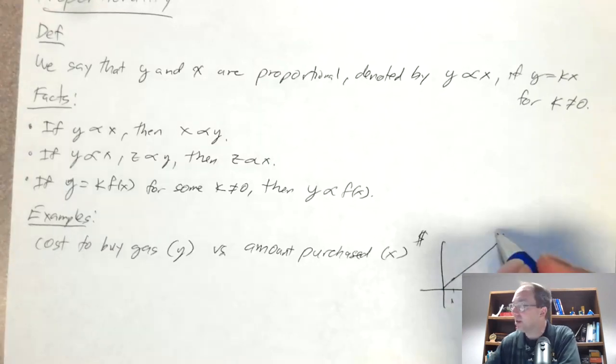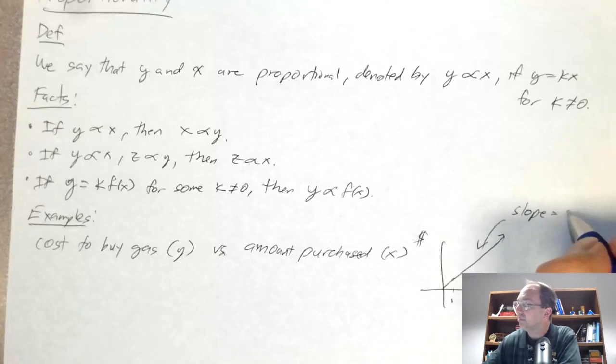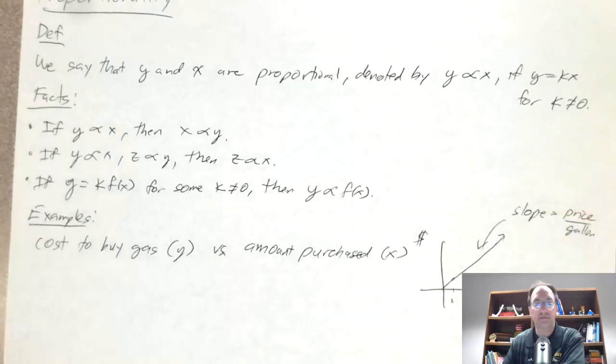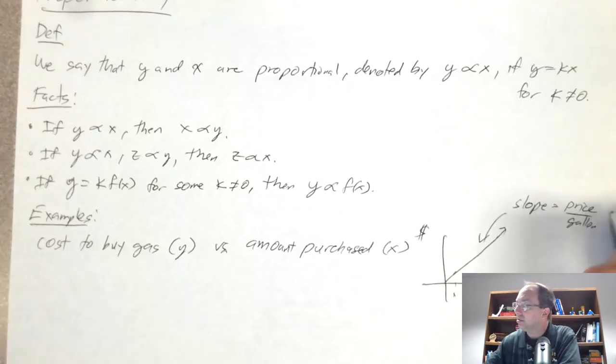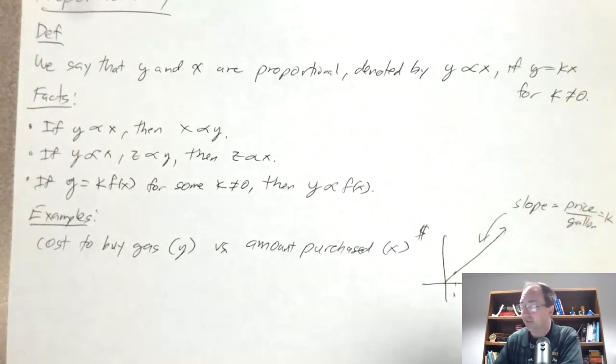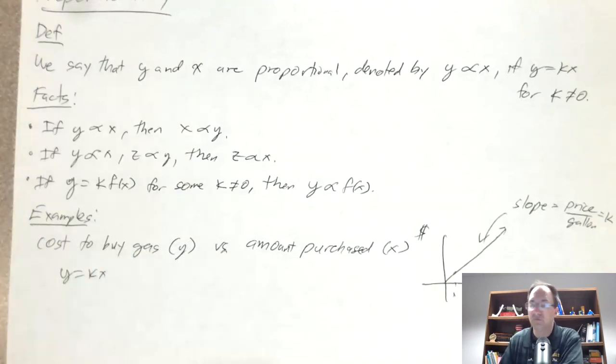It's going to be a perfectly straight line where that slope is just the price per gallon. So in other words, that's our k. So y equals k times x, where that slope, that k, is the price per gallon.